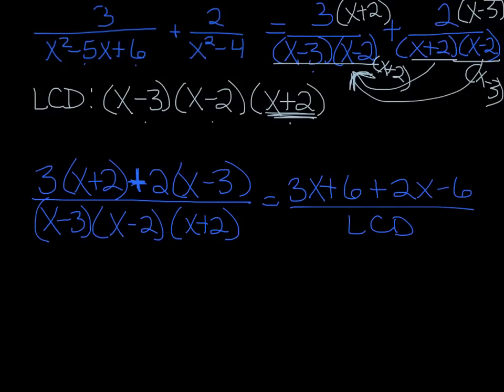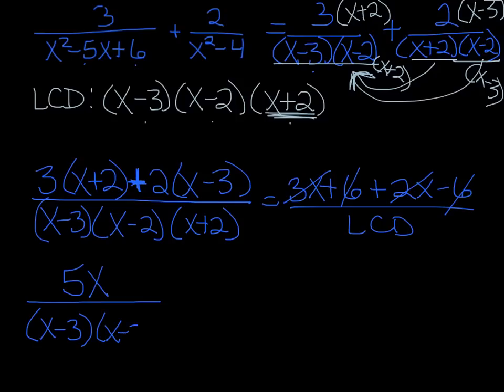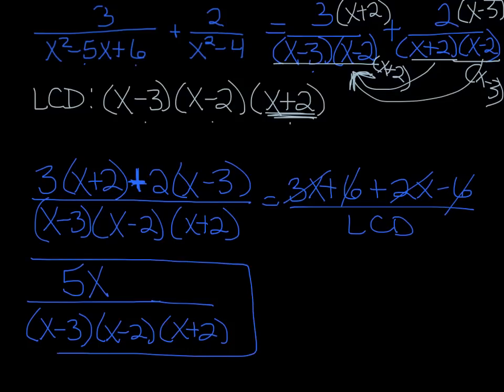I'm going to cheat a little bit. Alright, so 3x and 2x makes 5x, and 6 minus 6 is nothing, so it's 5x all over, and I'm going to write it because this is my final answer, (x minus 3)(x minus 2)(x plus 2). So that is your final answer right there.